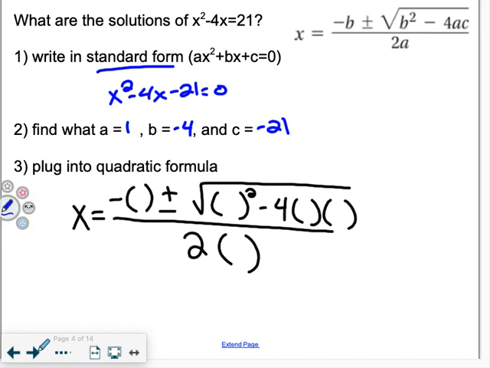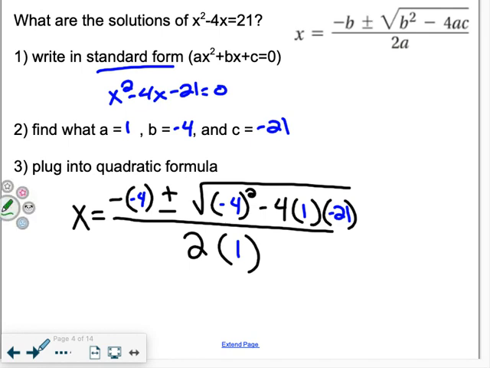Those things are staying the same every single time. But now we have to fill in some information. So our b was negative 4. So x equals negative b plus or minus the square root of b squared minus 4ac all over 2a.